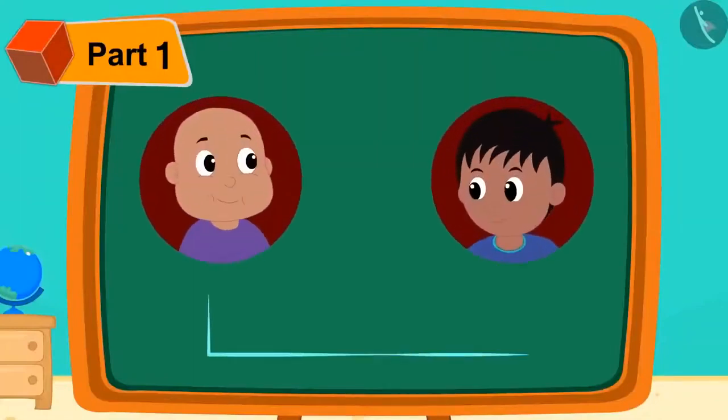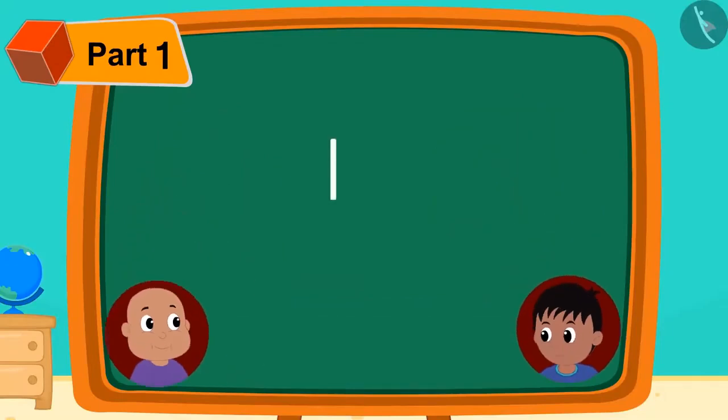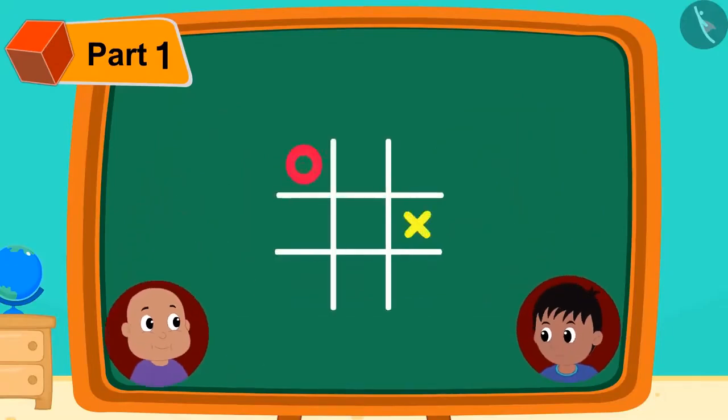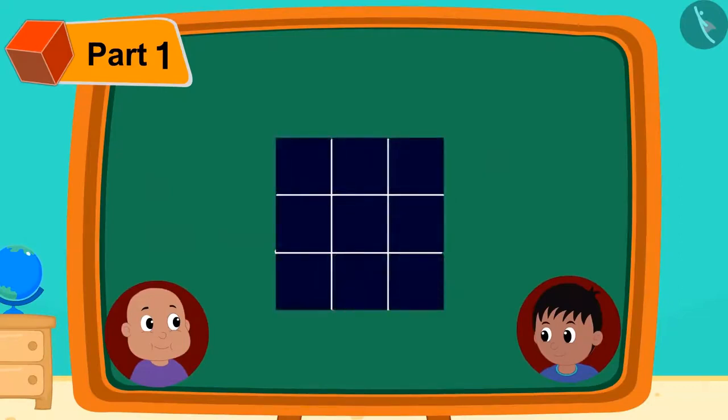Raju tells Bablu that he can also tell him an easy pattern to memorize the tables of 3 and 7. Kids, do you know the game of cross and zero? Raju first designed the game of cross and zero in this way.